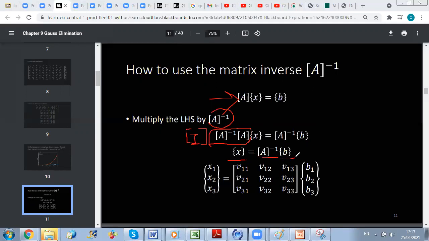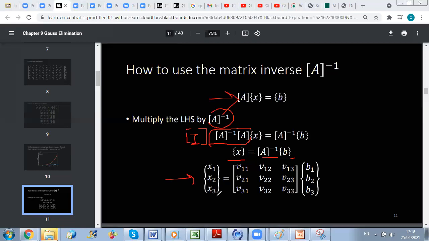Therefore, you will come up with a decoupled solution for x1, x2, x3. What do I mean by decoupled solution? Before, when we solved for x1, x2, x3, we had 3 equations that are coupled. Of course, when we did the Gauss elimination, the coupling between equations was a little bit easier because you can solve by backward substitution.